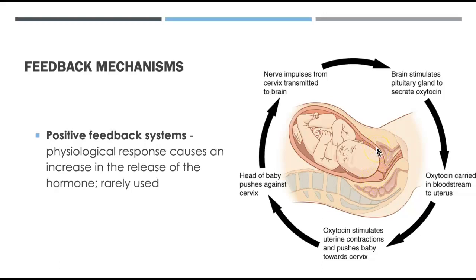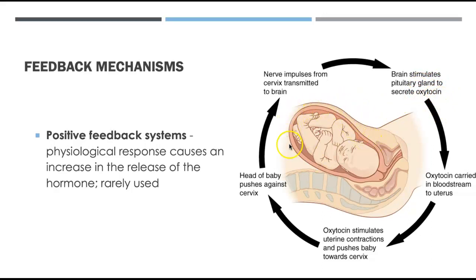Our brain then recognizes that we need the pituitary gland to secrete a hormone known as oxytocin. Oxytocin gets released through the blood. It travels to the uterus, and one of the main actions the oxytocin hormone causes is uterine contraction.